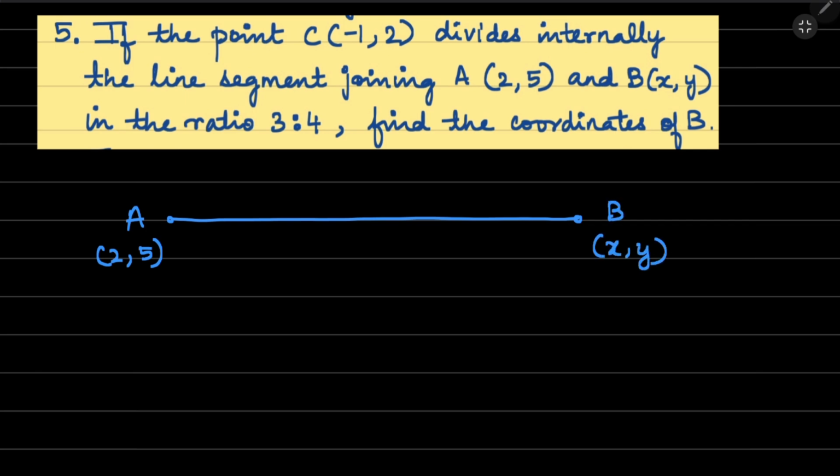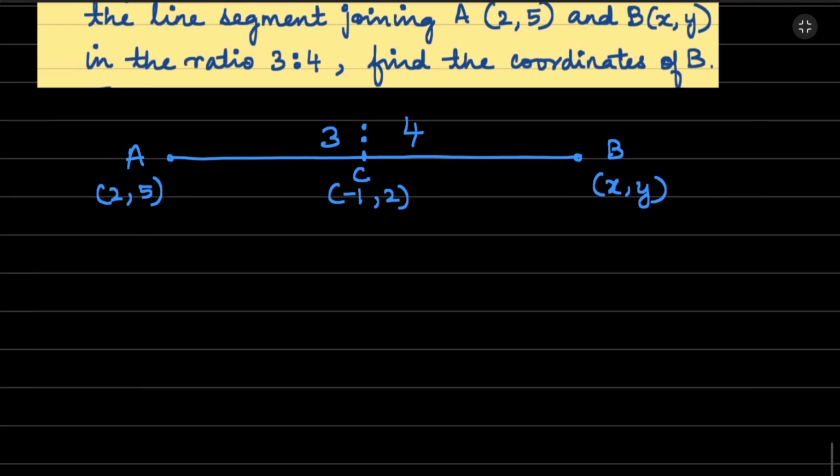You have to find x, y. There is a point C, whose coordinates are -1 and 2. It divides this line segment joining A and B internally in the ratio 3:4. So in order to find the x and y, you have to apply the section formula.